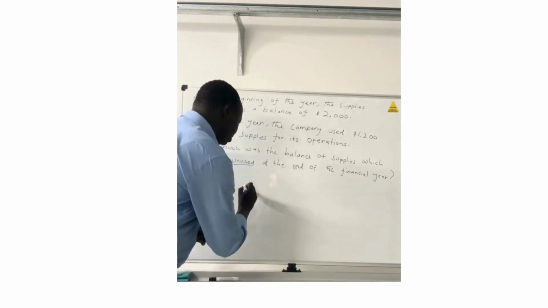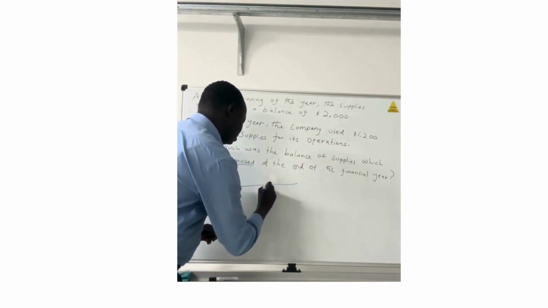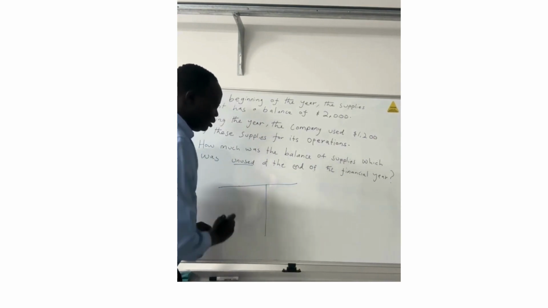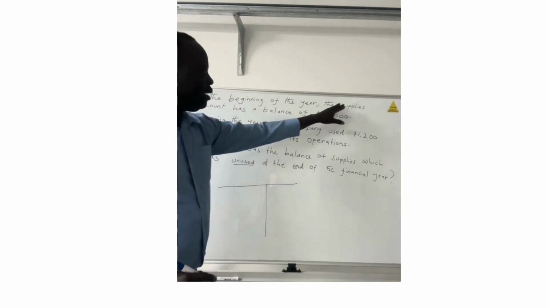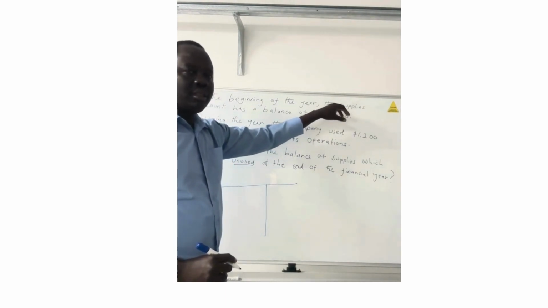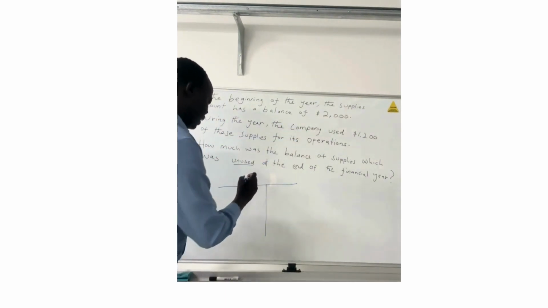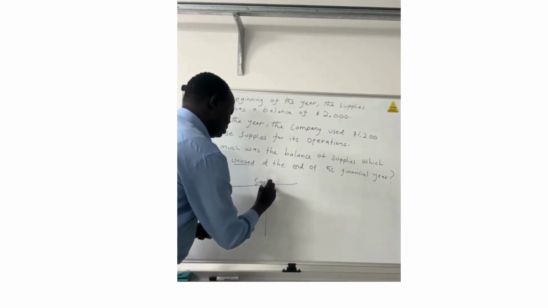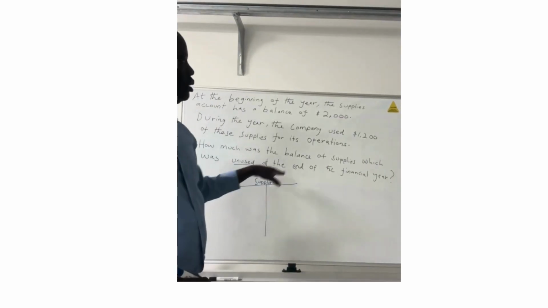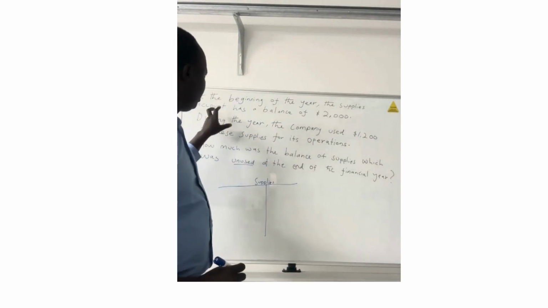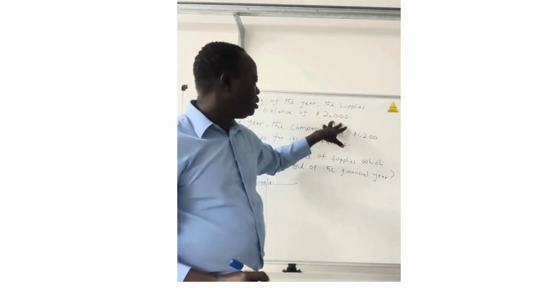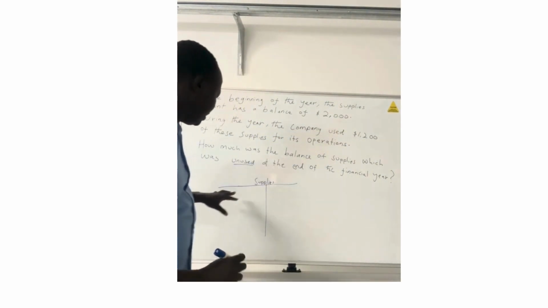So let's use a T account to help you see what we're doing here. If we have the supplies account there as a title, and we have been told that at the beginning of the year this amount was the opening balance.